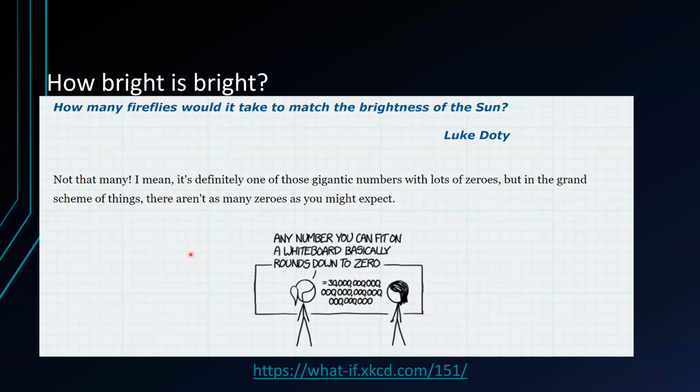This is an excerpt from one of his articles, which asks simply, how many fireflies would it take to match the brightness of the sun? And it turns out it is a really big number.